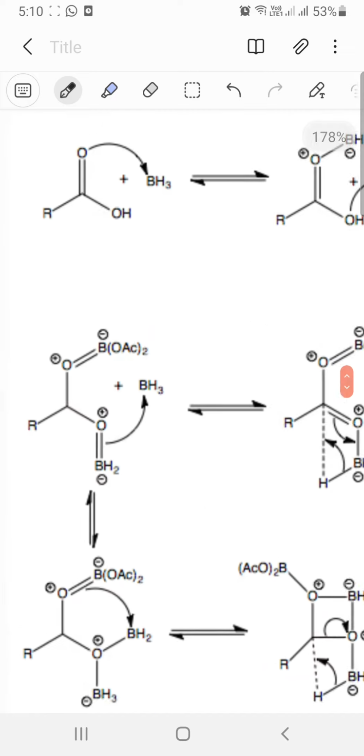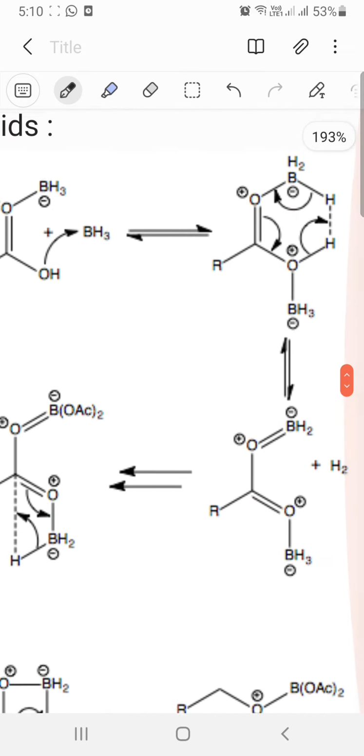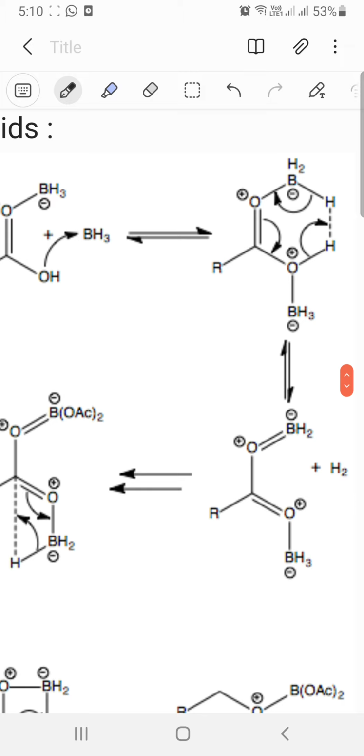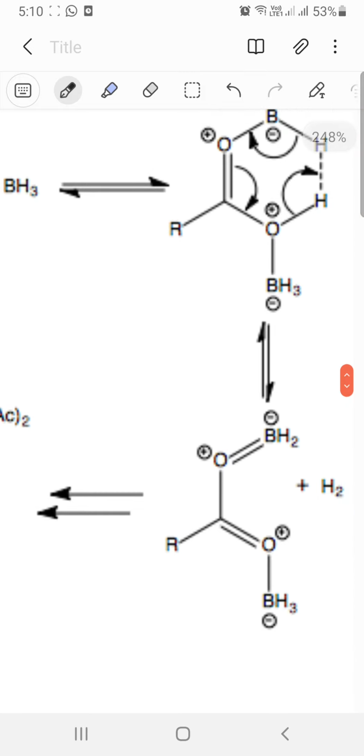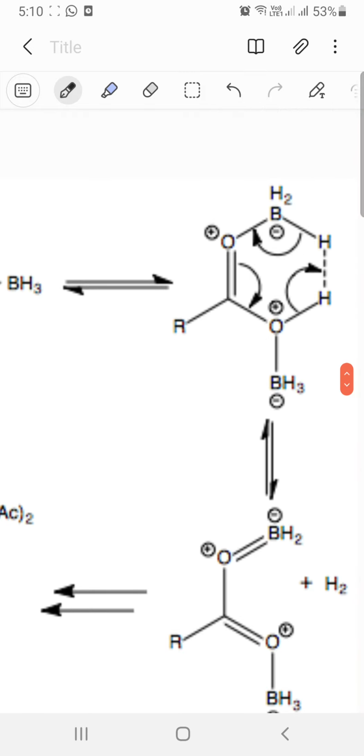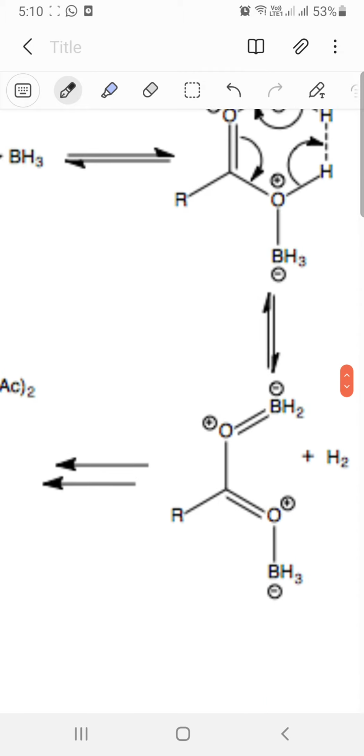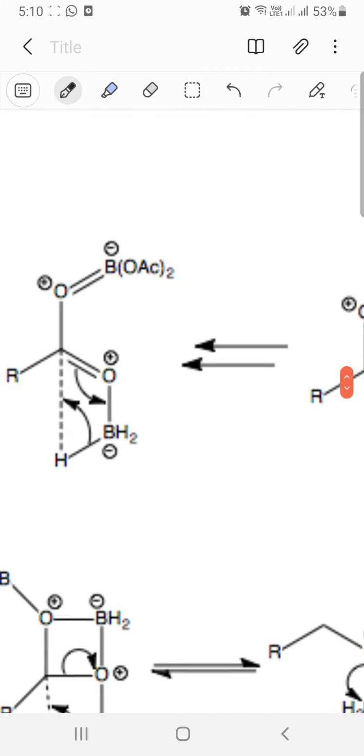Oh, sorry, this is the wrong step. This is the right step. Okay. So after this thing you have this. Okay, H2. Yeah, that's why. H2 generated, and then you have this. Okay, BH3 minus over there. These are still coordinated to it. And then you have this alkene already. Okay.